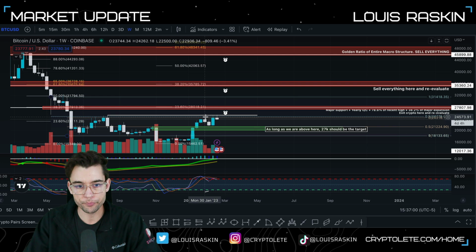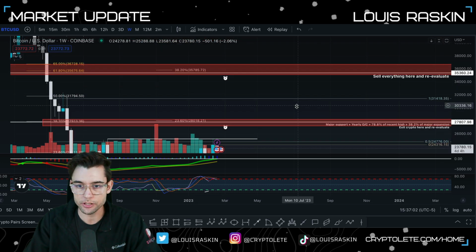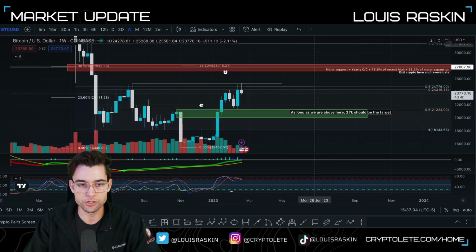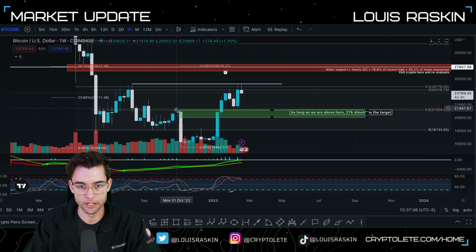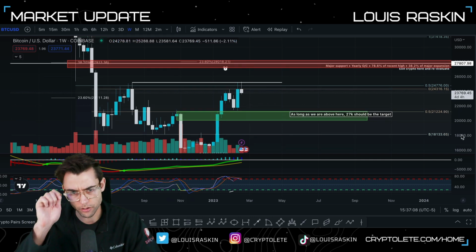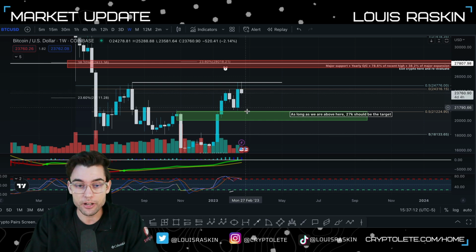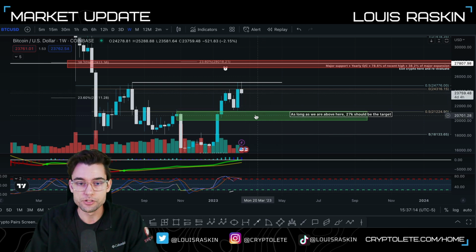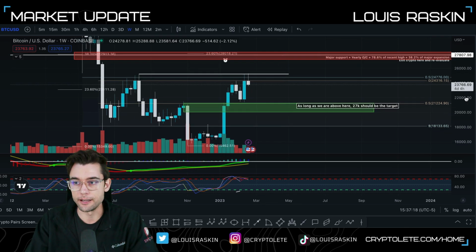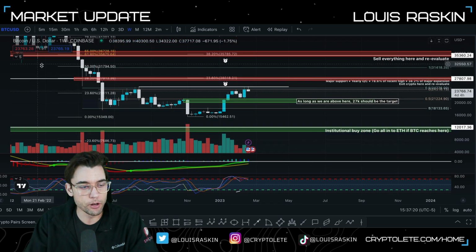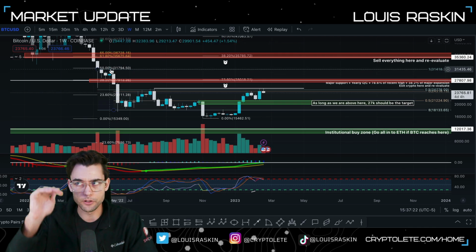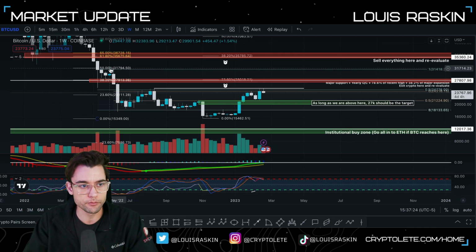So now it came down, but it never actually touched this previous swing high, at least not on the Coinbase chart. So that does sort of make me think that we are going to come back down to this area and fill it in again. And one thing that I did was I drew the range from this swing high right here to this swing low right here.